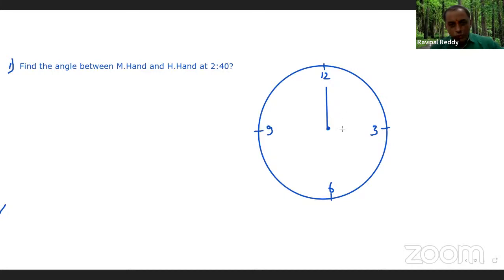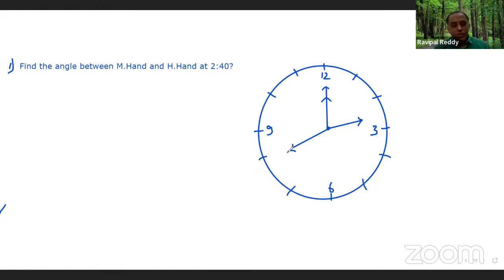At 2:40, the hours hand is between 2 and 3, just near 3, and the minutes hand is exactly at 8.